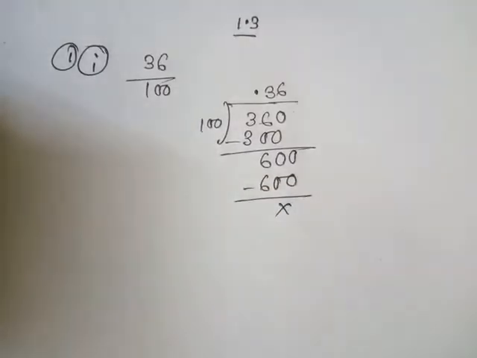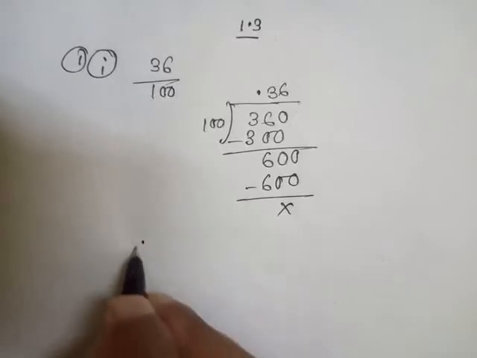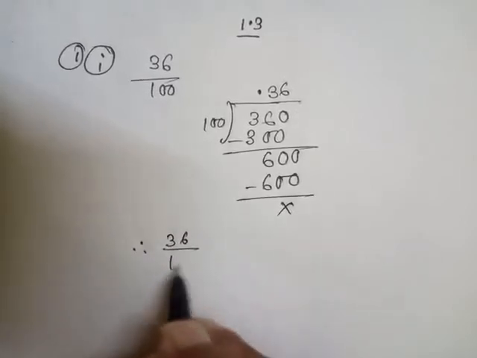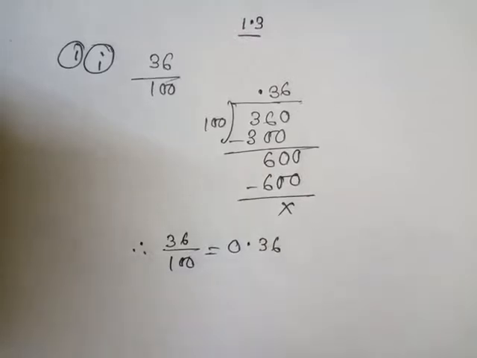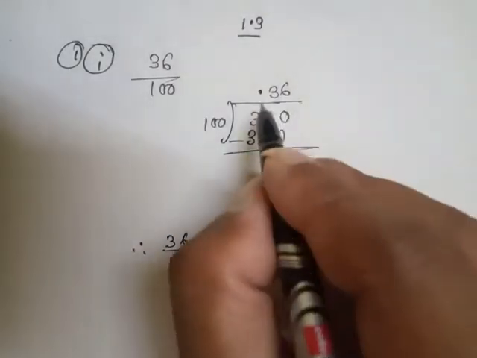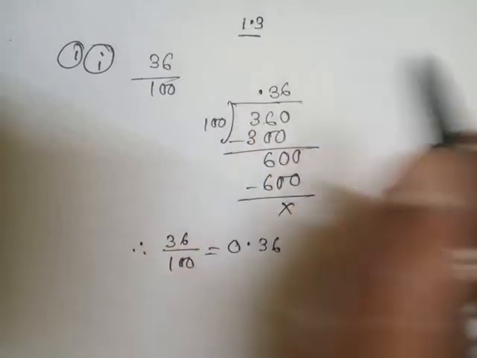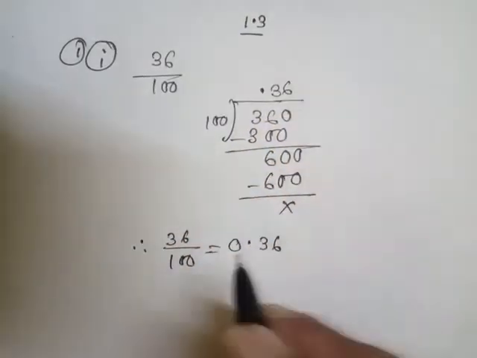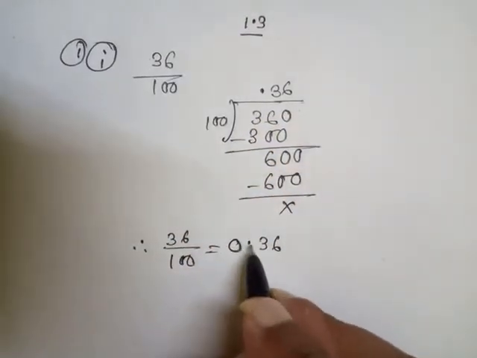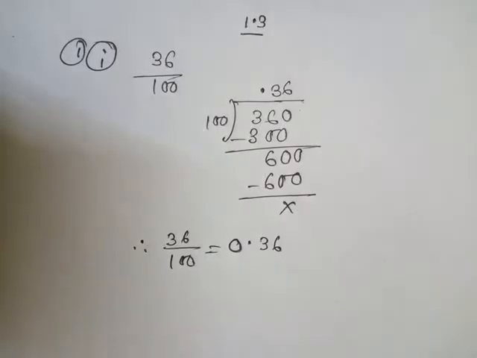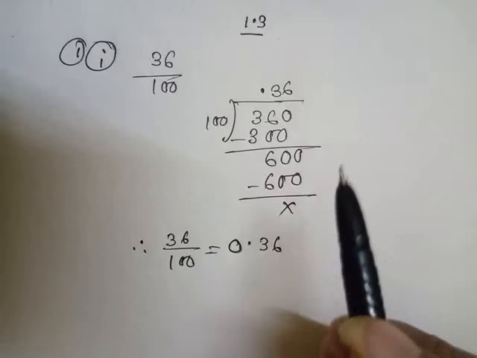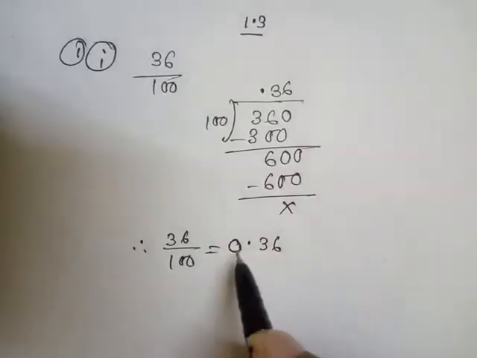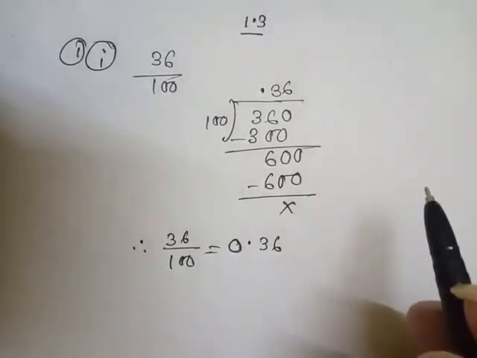The remainder is 0, so we can say that 36 by 100 equals 0.36. Since the quotient starts from the decimal point, that's why I have given 0 here, because if any quotient or any fractional part starts from the decimal point, it is definitely less than 1, so we write 0 point something.